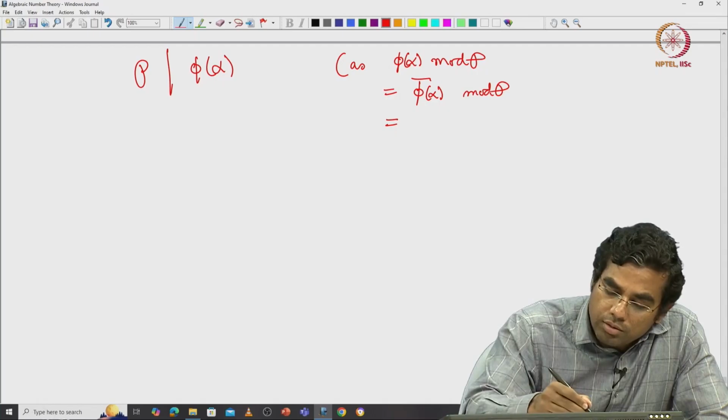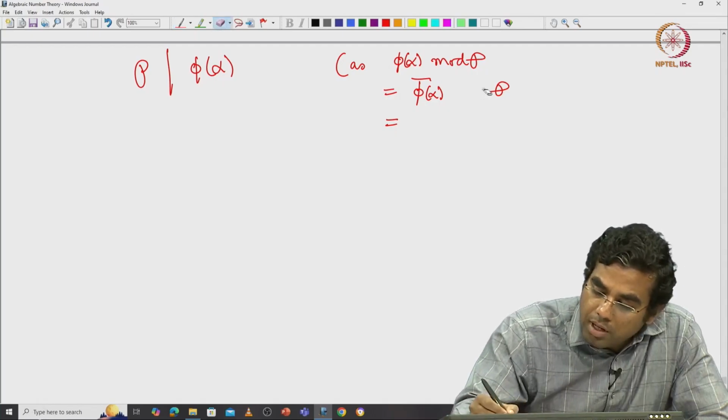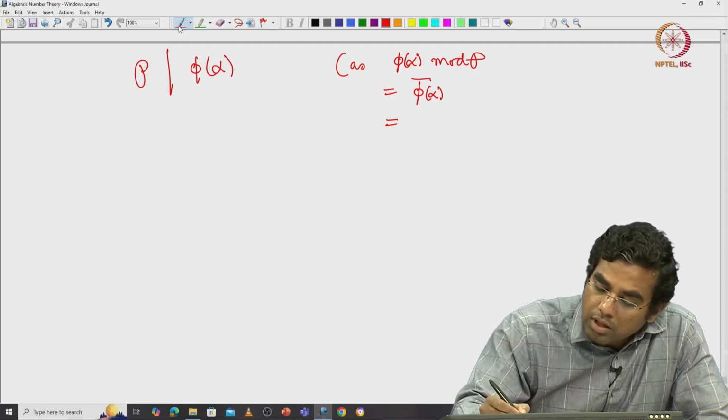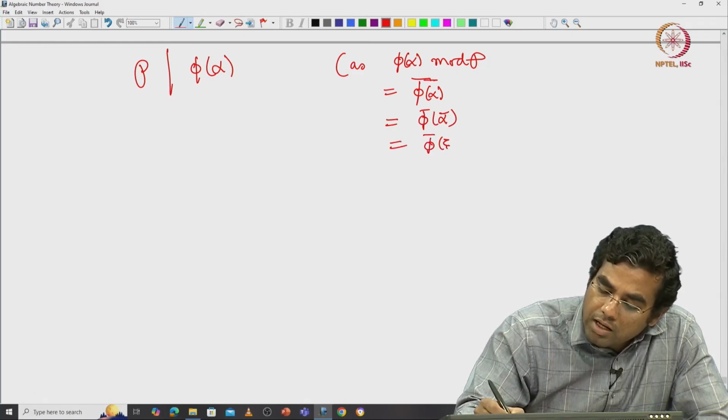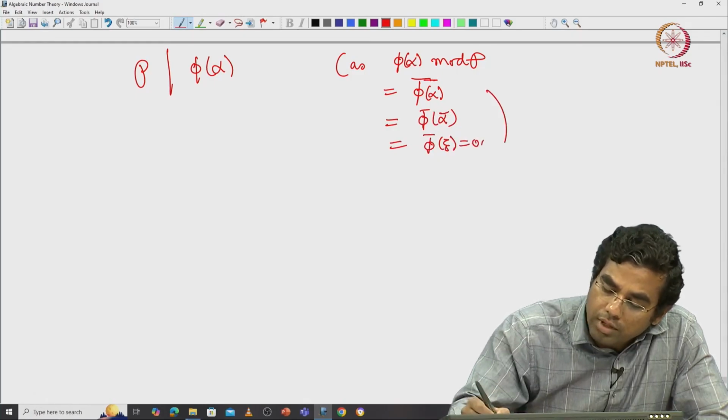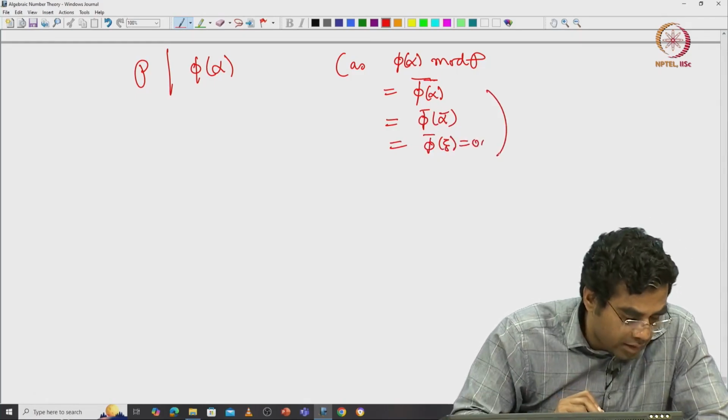I do not need to write mod p here because it is bar already. So this is phi bar of alpha bar, which is phi bar of xi, which is 0. So, that is this fact.